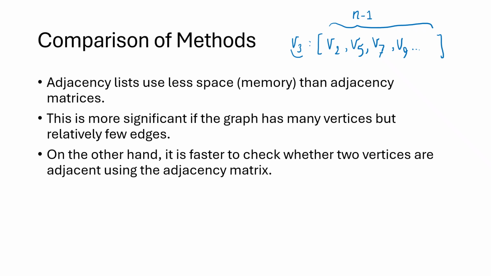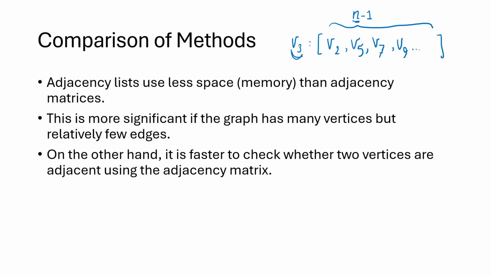And if n, the number of vertices, is very large, 1,000, 10,000, or something like that, then you see that figuring out whether there is an edge from V3 to another vertex can take more than constant time. In other words, it depends on the size of the graph. So these are the pros and cons of using adjacency list versus adjacency matrices.